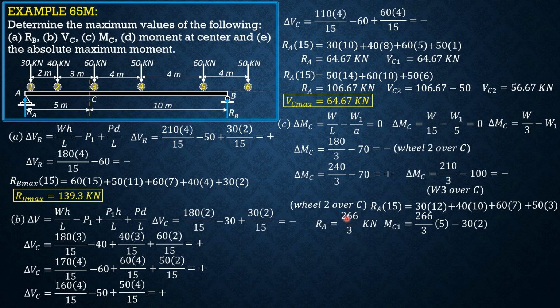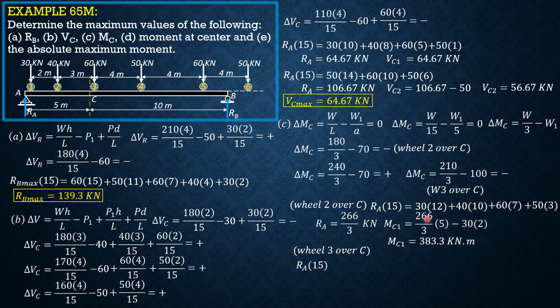So when load 2 is over C, let's solve for RA times 15, summation of moment about B, load 2 over C. So load 1 is 2 plus 10, 12 meters from B, so plus 30 times 12, then load 2 over C, so plus 40 times 10. 60 will be 10 minus 3, 7 meters from B, so plus 60 times 7. 50 will be 7 minus 4, 3 meters from B, plus 50 times 3, and 60 is outside.